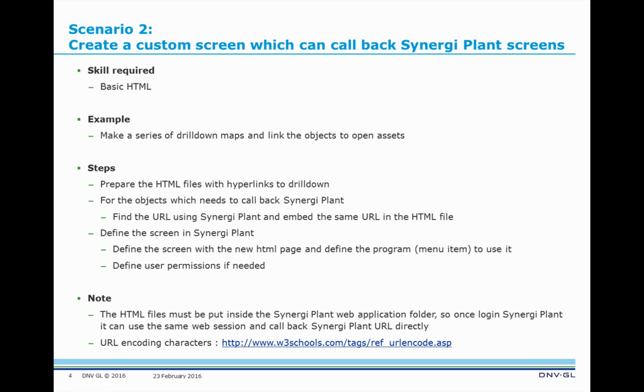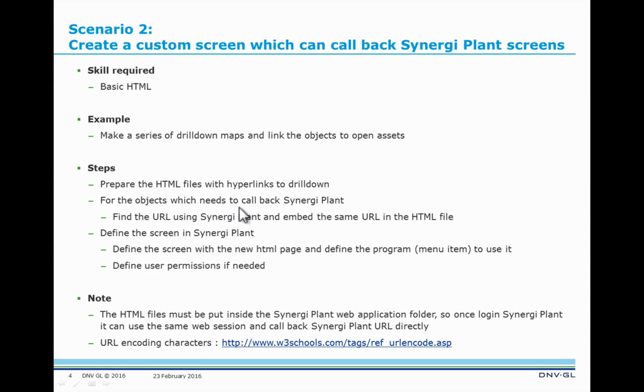So this scenario is trying to show you how to call back other Synergi Plant screens. And scenario 3 in the next video will show you how to call out from Synergi Plant and pass some data parameters to your custom screen.